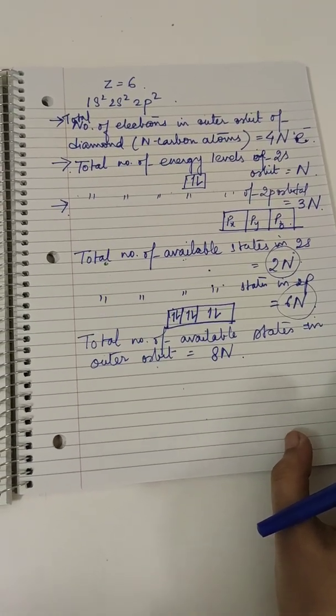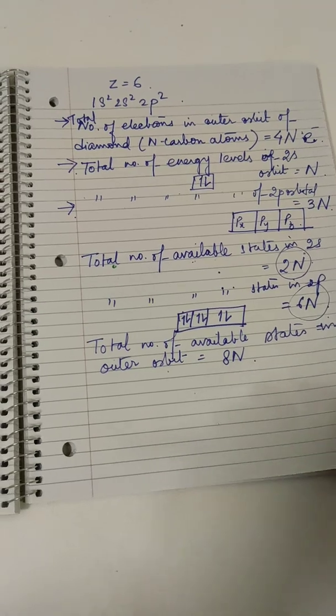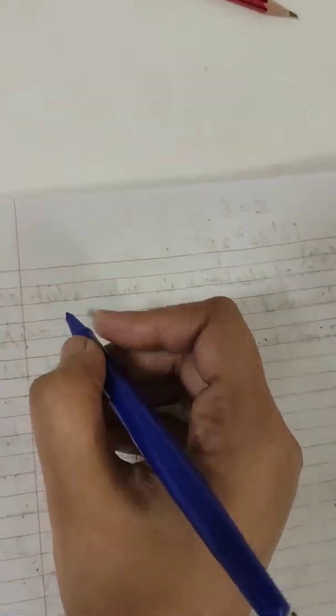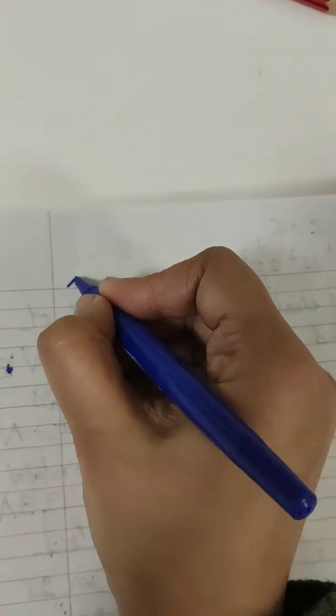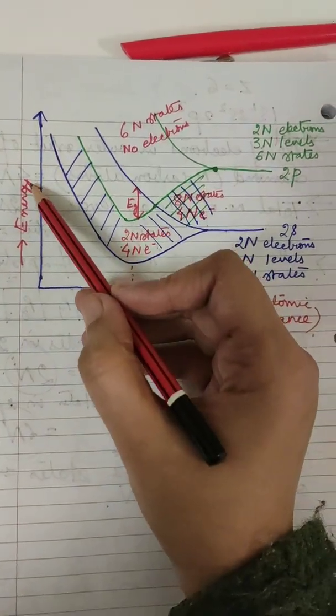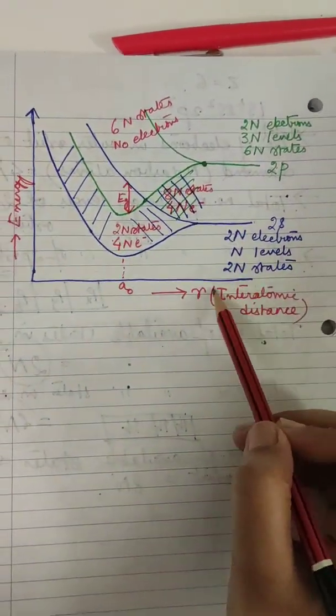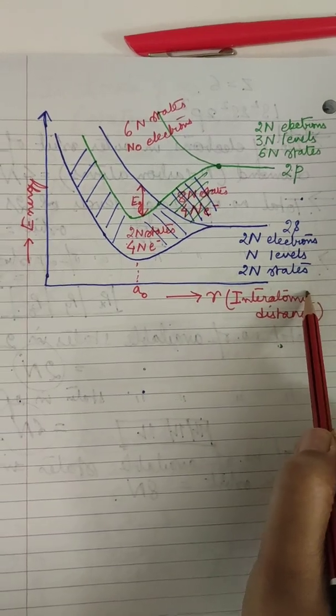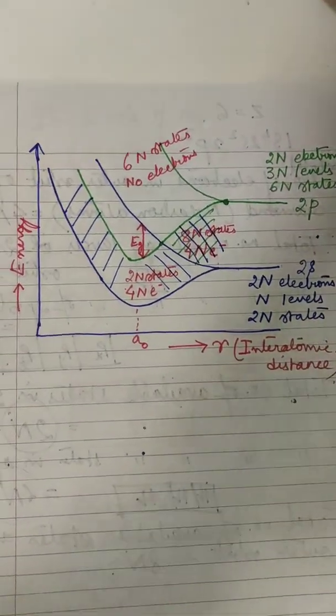N atoms of carbon packed together. Now we are going to draw the energy band diagram. This is the diagram of energy versus the interatomic distance of diamond.